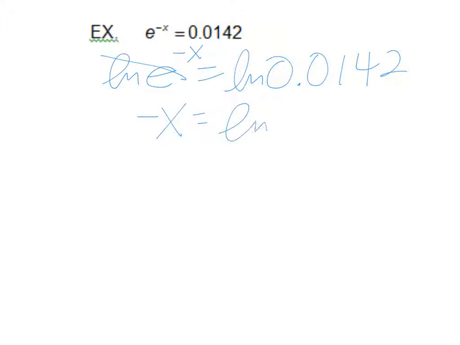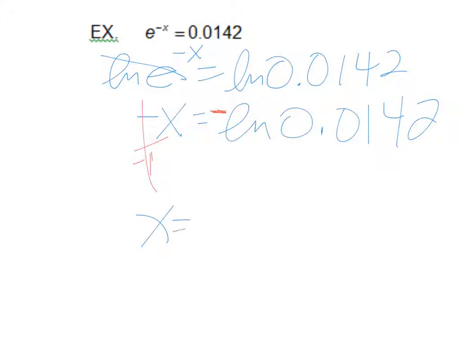Negative x equals natural log 0.0142. And then divide out the negative, and just put a negative in front on the other side. That goes in the calculator. x is 4.2545. You can check all these answers, but just keep in mind it won't be exact because we've rounded, but it should be really close.